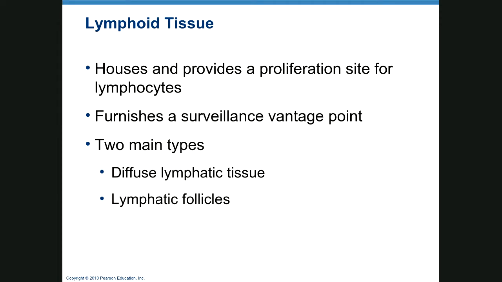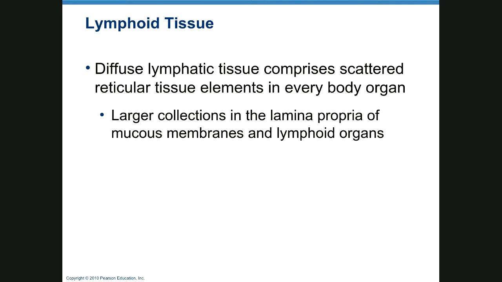Okay, lymphoid tissue is a place for lymphocytes to hang out, a good surveillance point for them. And we have two types: diffuse lymphatic tissue and lymphatic follicles. We have lymphatic tissue throughout everything, everywhere, the reticular tissue elements, every part of the body.